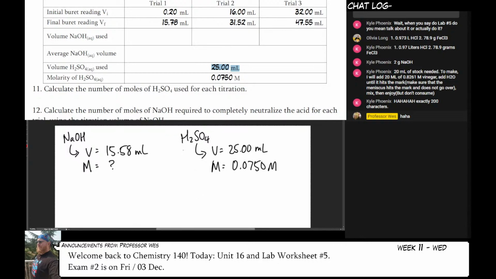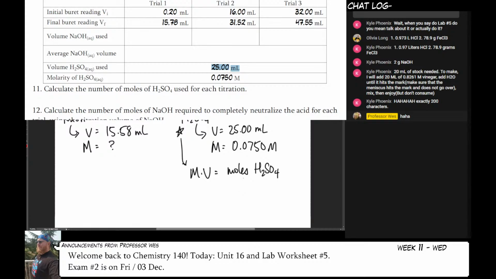So since this is the one that you know, both M and V, you can figure out the number of moles, right? And then if you know the moles of sulfuric acid, you know the moles of NaOH using the balanced chemical equation that we just wrote out.